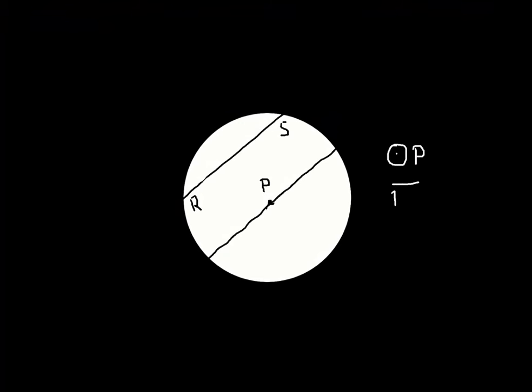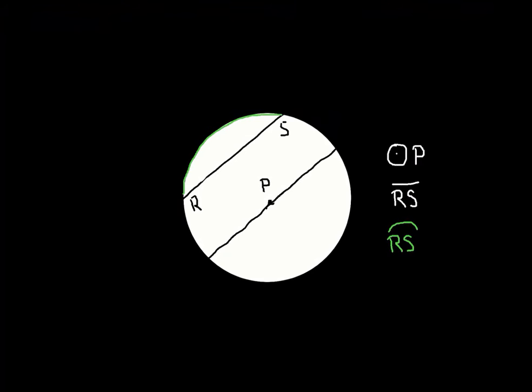I would have chord RS. And if I wanted to name an arc, the distance from one endpoint going around the outside, then this would be arc RS, and that's the symbol for arc. So you have a center P, a chord RS, and then there is an arc RS.